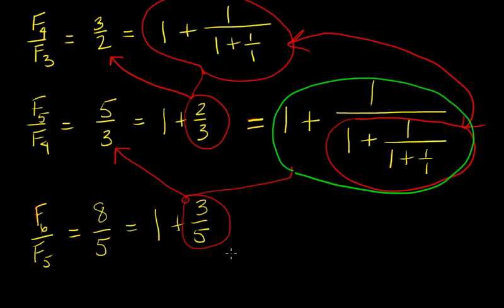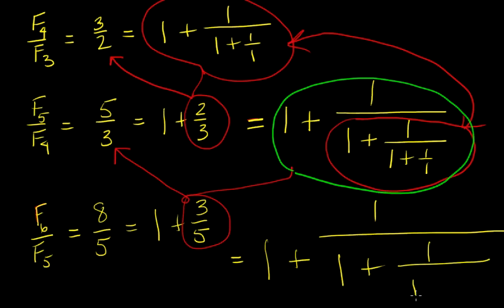I know it begins to look very messy, but it is 1 plus the reciprocal of, and now I'm going to copy what's in the green circle, because that's 5/3. 1 plus 1 over 1 plus 1 over 1 plus 1 over 1. And so we see we're getting this pattern, and every single one of these ratios of Fibonacci numbers to the one before it is going to be able to be written as this fraction containing all ones.